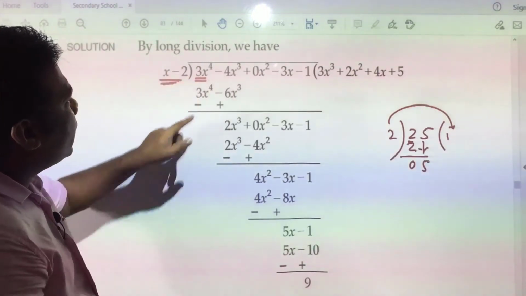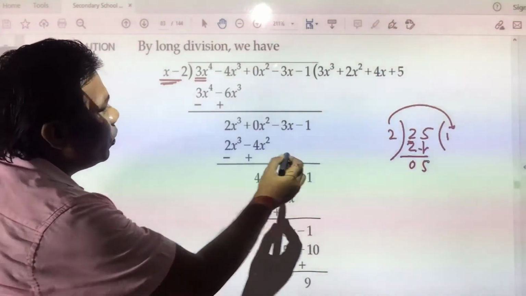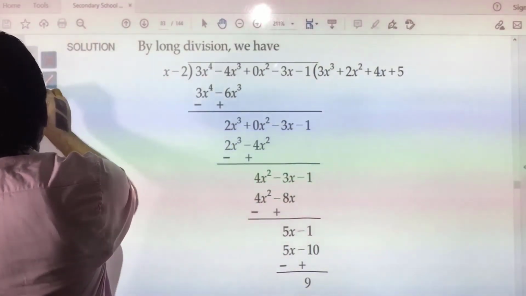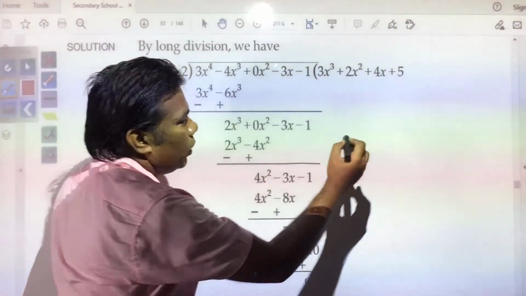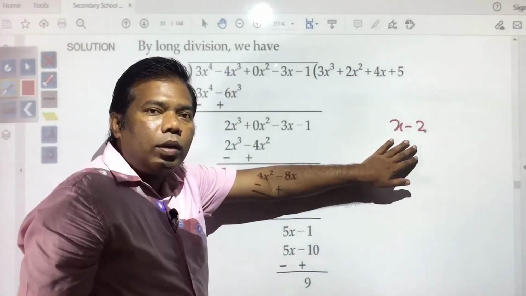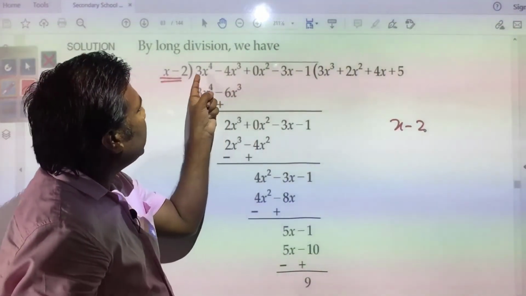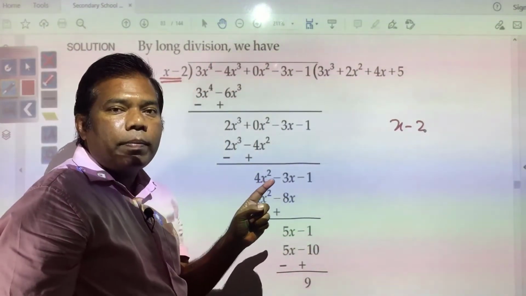When you are dividing, the first term you see is 3x to the power 4. Now you need to know that x minus 2 is your divisor. So which term or variable will be multiplied by x minus 2 so that you will get 3x to the power 4?